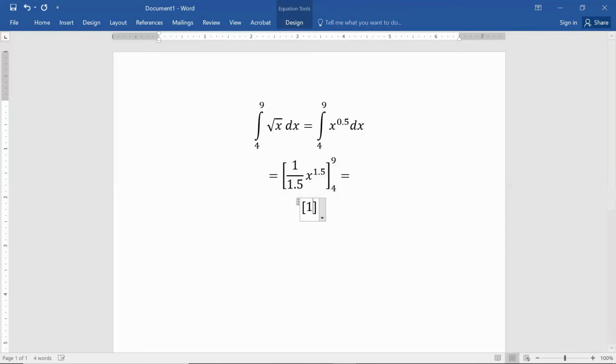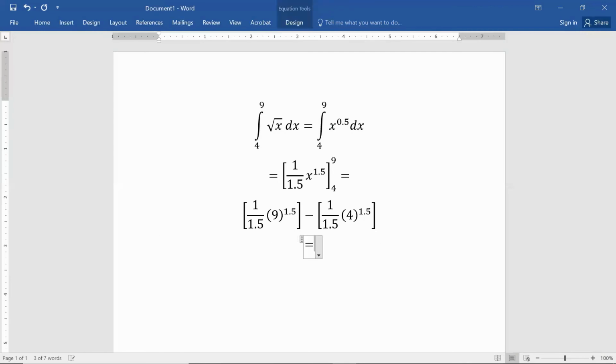So 1 over 1.5 multiplied times 9 to the 1.5 power minus 1 over 1.5 multiplied times 4 to the 1.5 power.